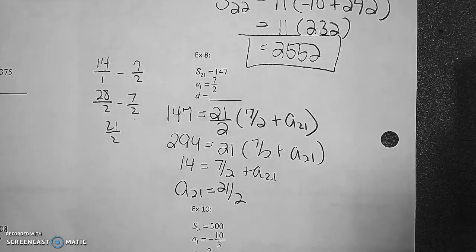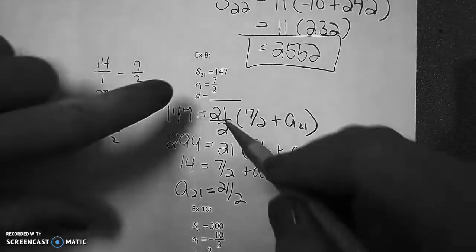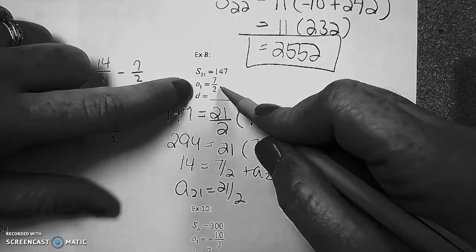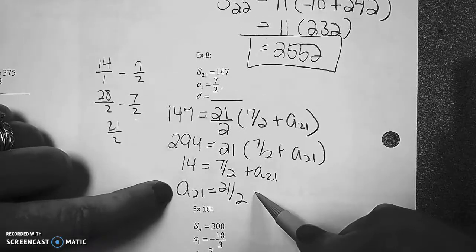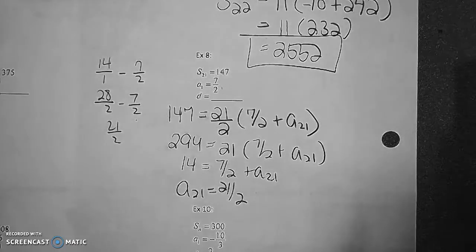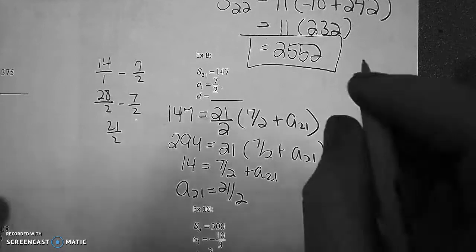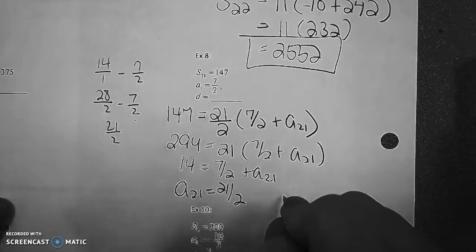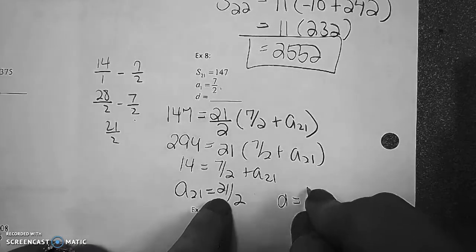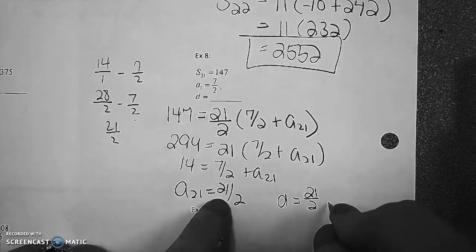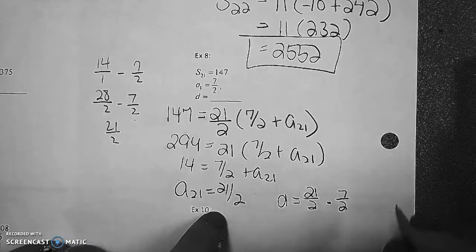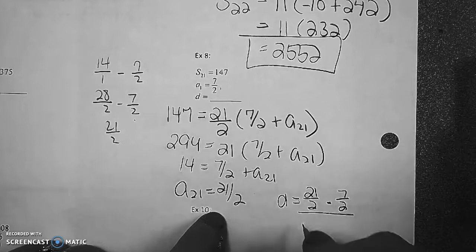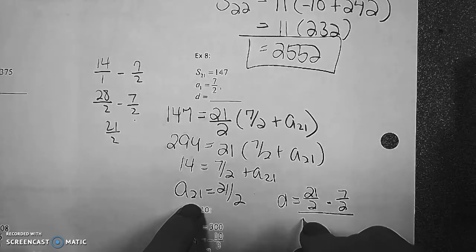Do I now have enough information to find a common difference? Well, I have an ordered pair, and I have another ordered pair. And as a reminder, those ordered pairs allow me to find the common difference, which is also called the slope. The common difference will be found by taking 21 over 2 minus 7 over 2, divided by 21 minus 1.